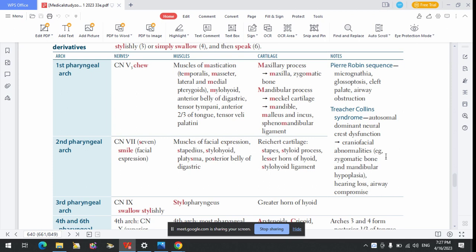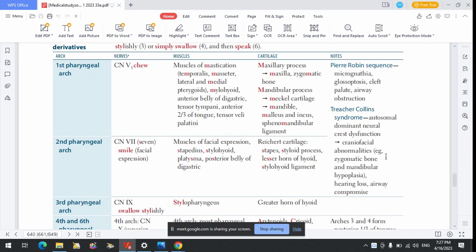Then you go to the mandibular process. The mandibular process will give the mandible itself, because the maxillary process is already giving the maxillae. Now, you remember the Meckel cartilage. The Meckel cartilage only gives rise to structures in the ear, which is very close to the cheek.